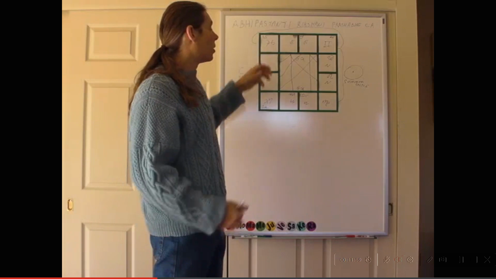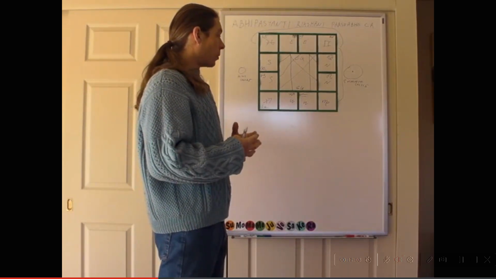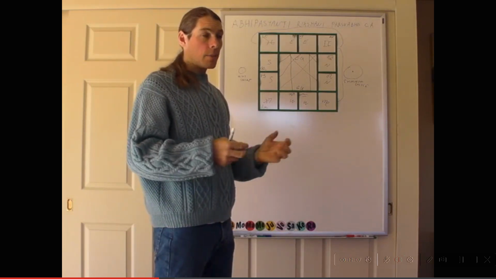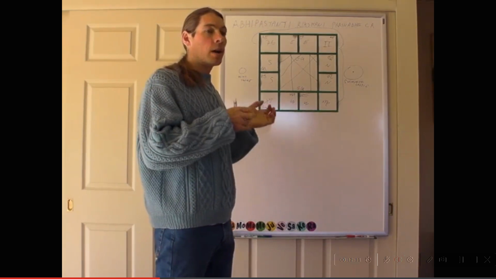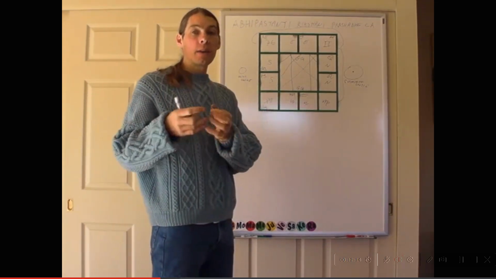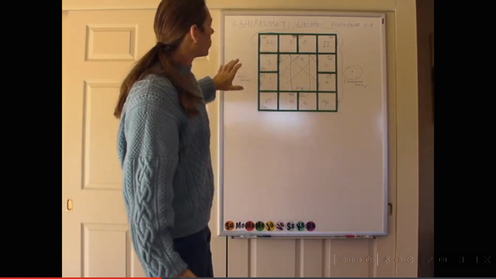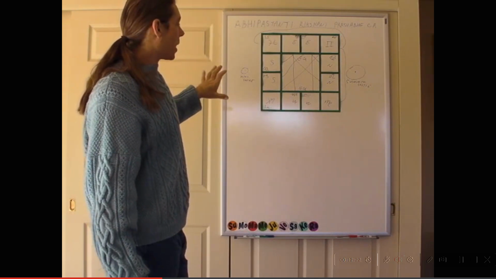And even within dual signs, part of the dual sign is movable, and part of the dual sign is fixed. And when we go into exact aspects, you'll see the movable part of the dual sign will aspect the fixed part of the other dual sign. Okay, so it's really cool. Does everyone understand?